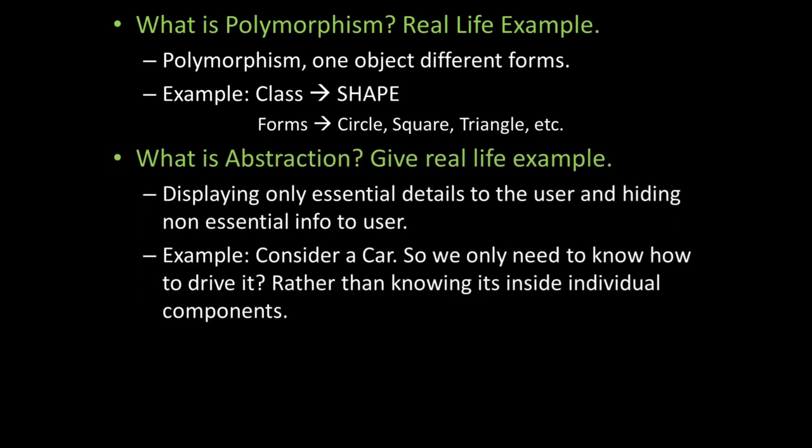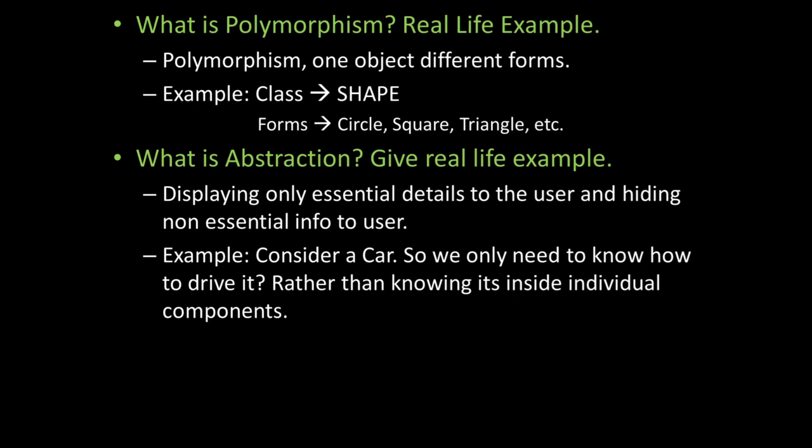Then the next concept is, what is abstraction, and give a real-life example. Abstraction means only displaying the essential details to the user and hiding non-essential information from the user. For example, you may have a car in your house. As an engineer, you may know some of the components inside the car, but it is not important to know all the components present in a car.